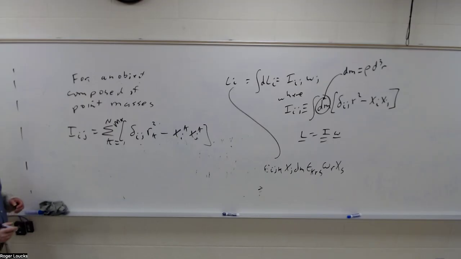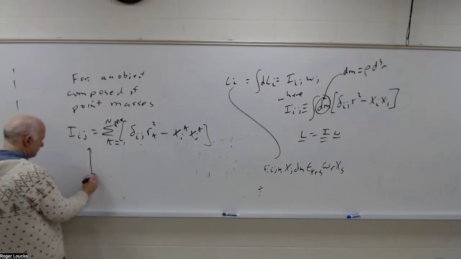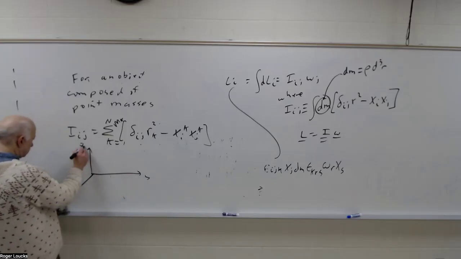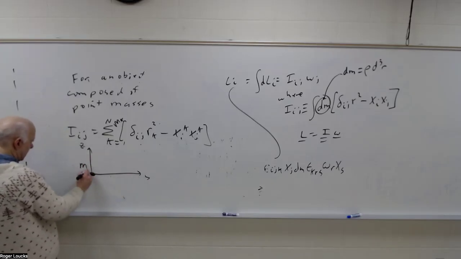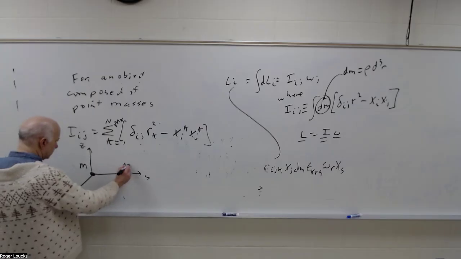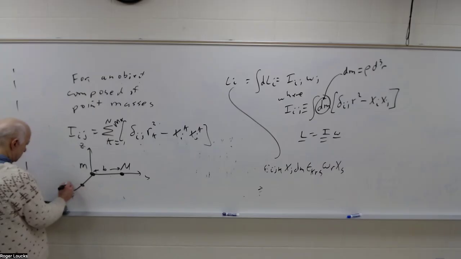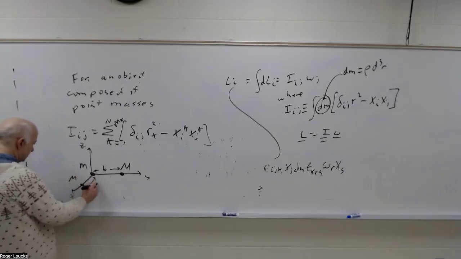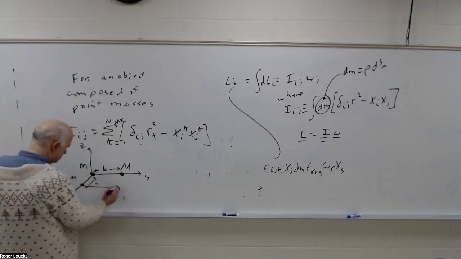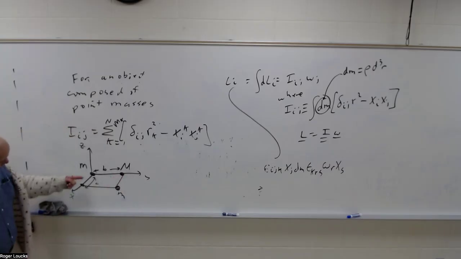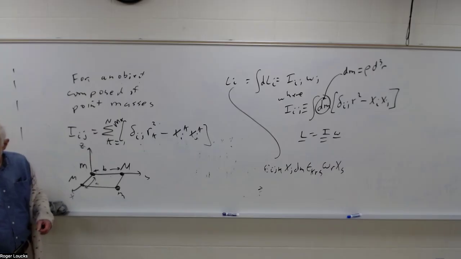Okay. So we took the simple object last time of this. This is M. This is big M. This is B. Big M. This is A. I can imagine these are massless rods connecting here.